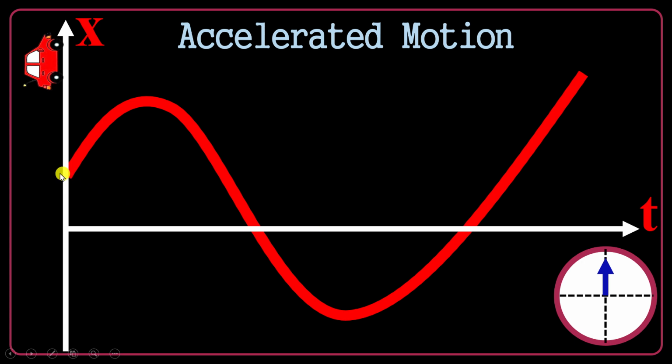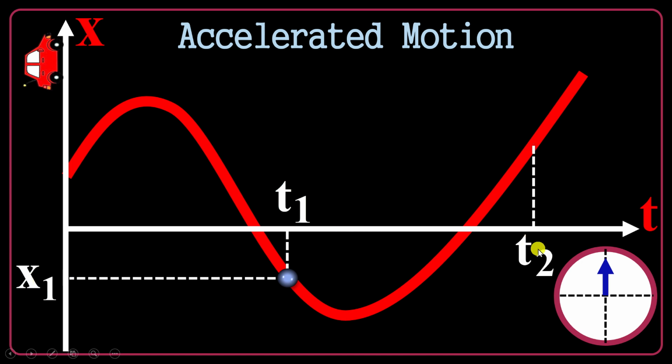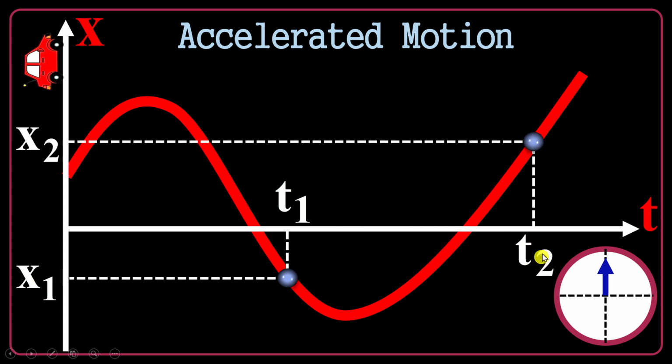The initial position is positive. Here is positive. And whenever, for instance, at t1, you are going to check the location, the position of the object, it's very easy. Go down, find the graph, and then go to the left. Or even if you are checking t2, you should go up to find the graph, and then to the left. I told you, you should find the graph and go leftward to find the x-axis. So at t1, the object is here. At t2, the object is here.